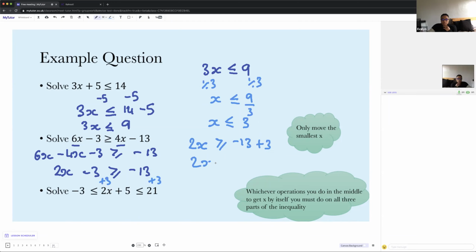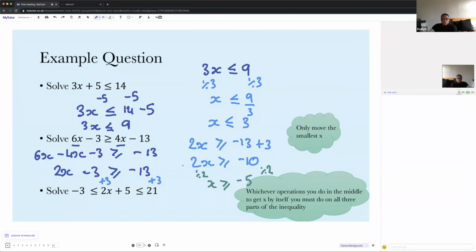So 2x is larger than or equal to minus 10. And then we're going to divide both sides by 2. So we've got x is equal to or larger than minus 5, because minus 10 divided by 2 is minus 5. So x is equal to or greater than minus 5. That's what you should get for the second one.